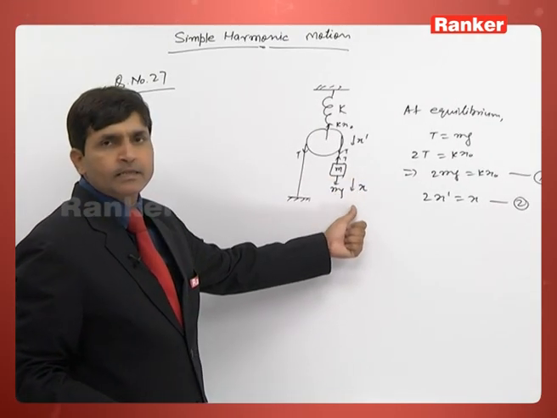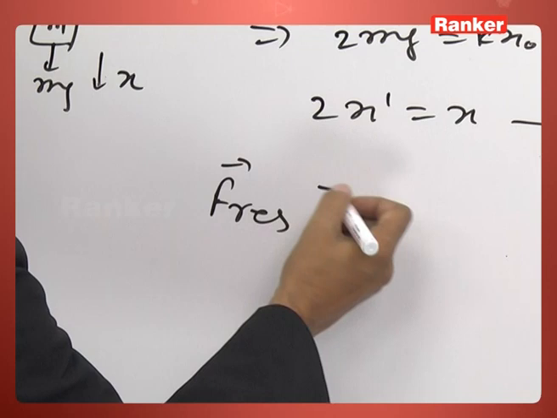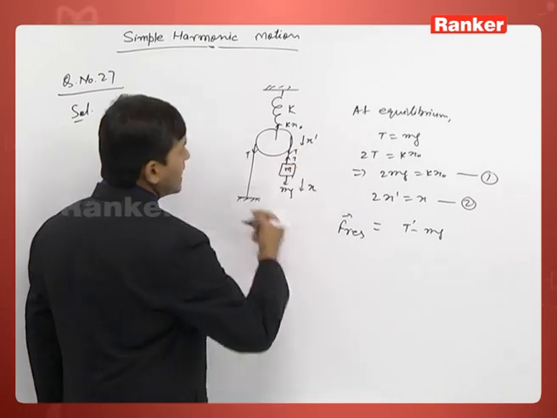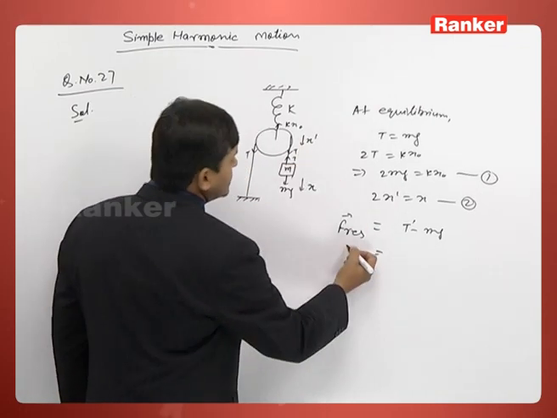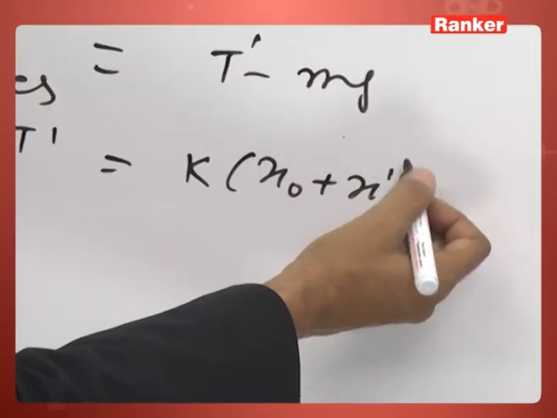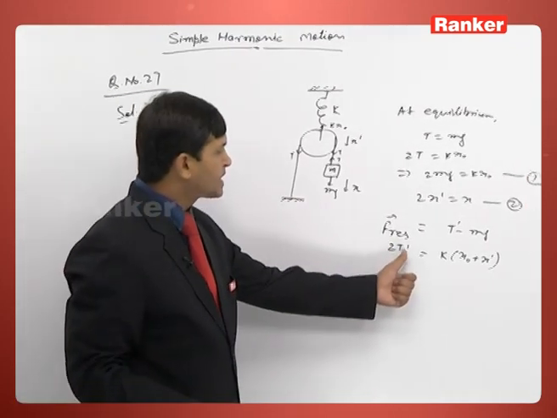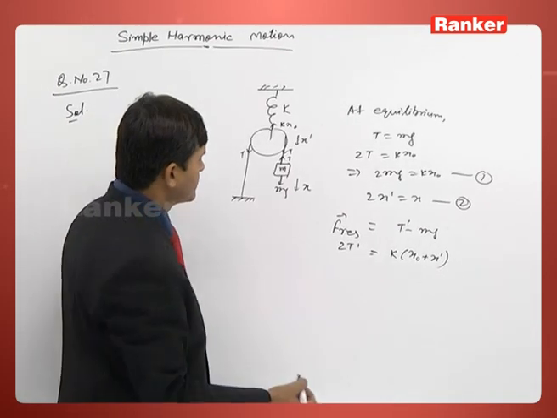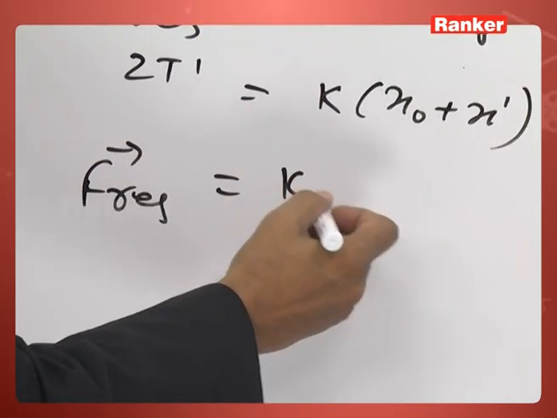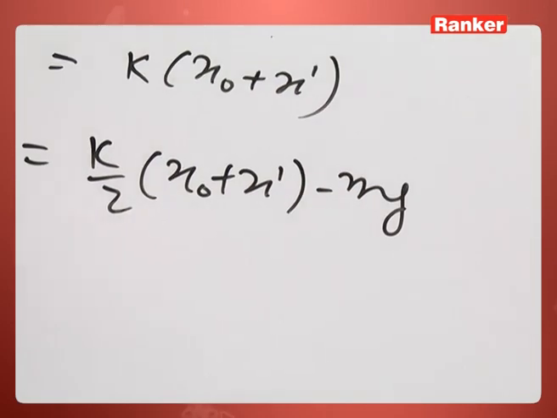As it has been displaced, tension will change. The restoring force now is T dash minus mg. This 2T dash is the new value of spring force, that is k into x naught plus x dash. Substitute the T dash value over here. So F restoring is k by 2 into x naught plus x dash, minus mg.